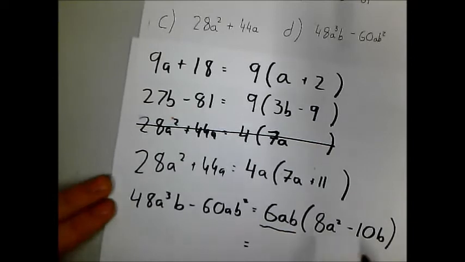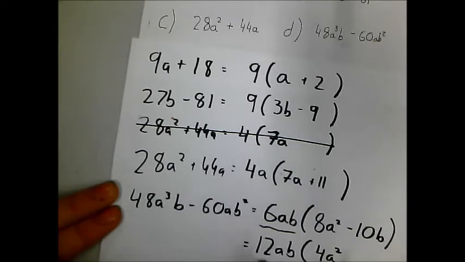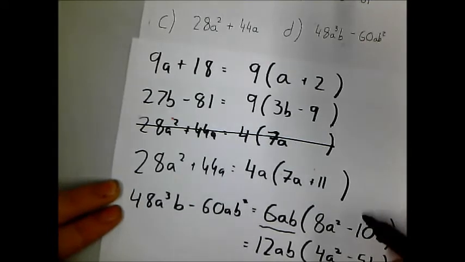But this time, because 2 can come outside, my answer is double what it needs to be. So that needs to be a 12ab. And then 12 into 48 is 4, and we already know that my letters were fine. And then 12 times what gives us negative 60? 5. So always check inside your bracket, that it doesn't factorise any further.